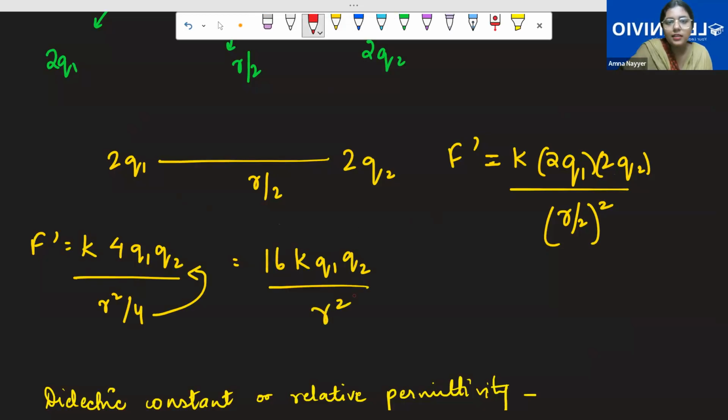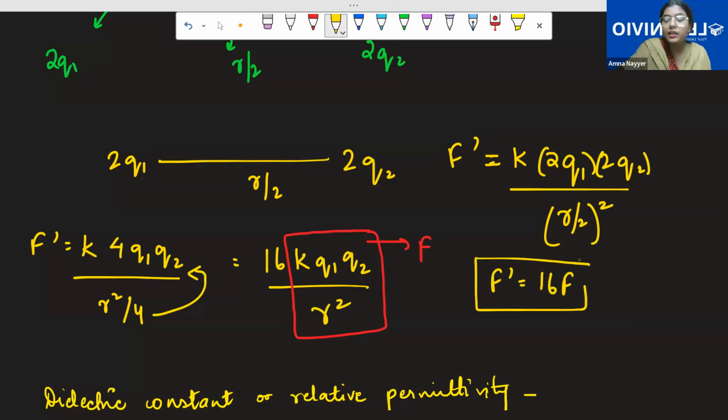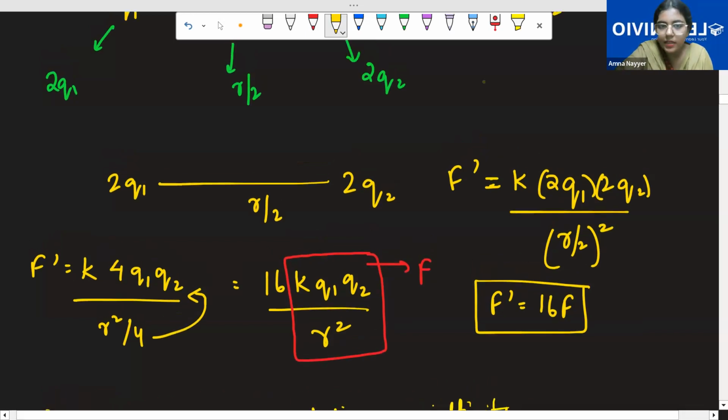Look, class, K Q1 Q2 by R square is nothing but the force F that was already given to us. So what's the ratio between them? F prime is 16 times the earlier force, means the new force is 16 times the original force. So that's how we'll solve it.